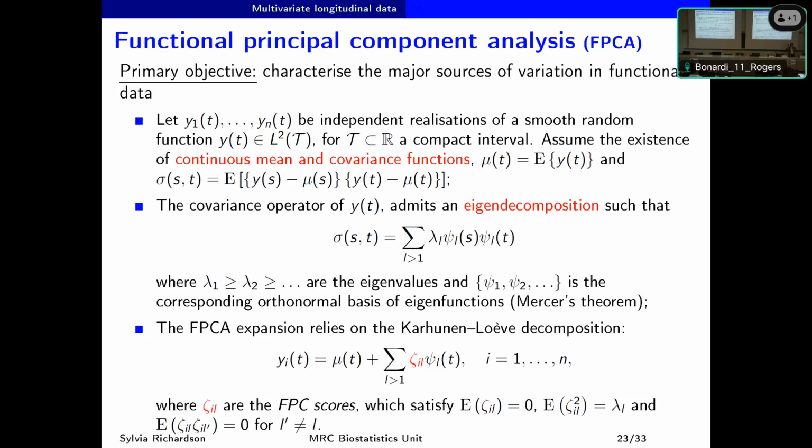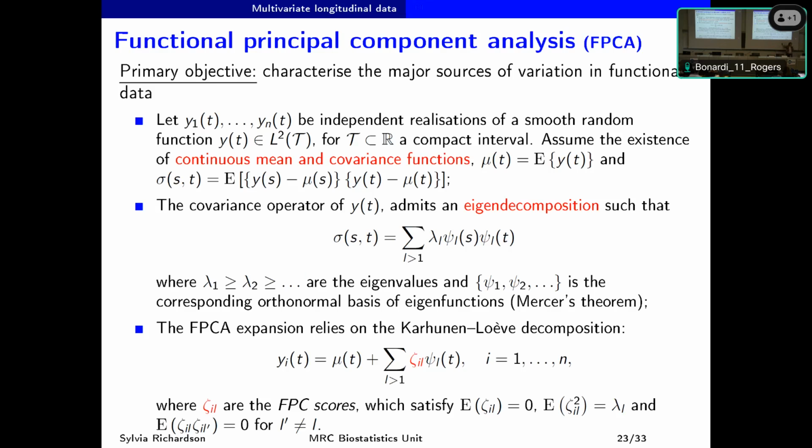When you have a matrix, you are able to decompose it in terms of eigenvalues times eigenvectors. Well, if you think of time, you've got loads of covariances going on between all the time points. So this is called the covariance operator. It also has a mathematical decomposition, but this time in terms of functions, so it's eigenfunctions.